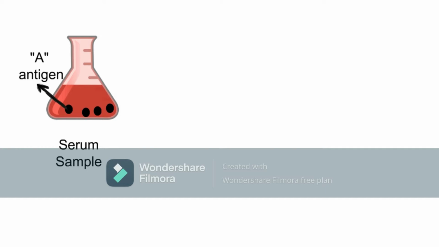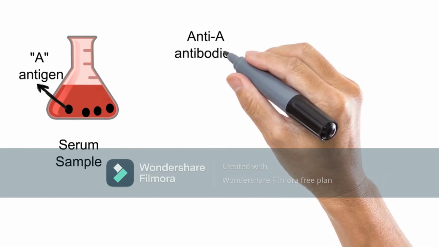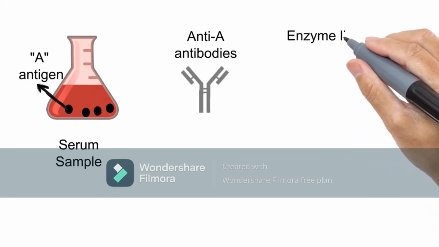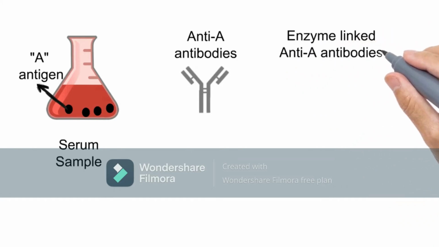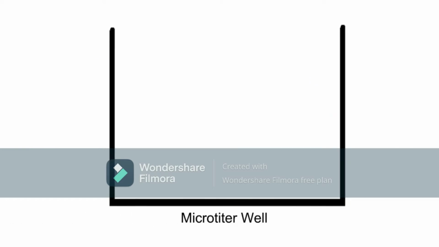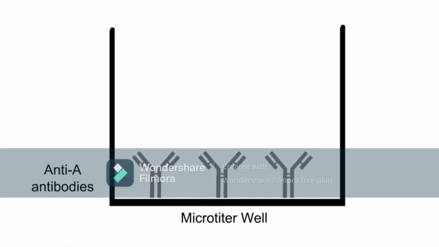So we require anti-A antibodies and enzyme-linked anti-A antibodies. In the first step, a microtiter well is coated with anti-A antibodies. After this, the sample containing A antigen is added to the well.